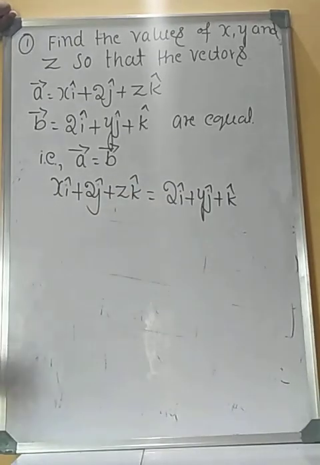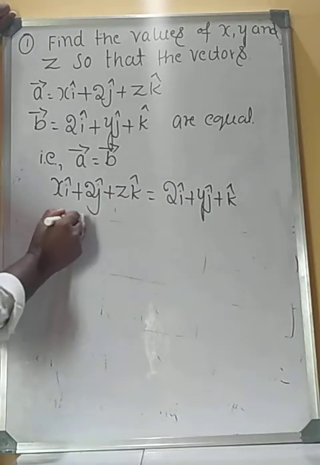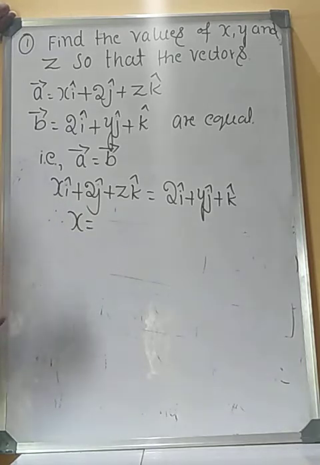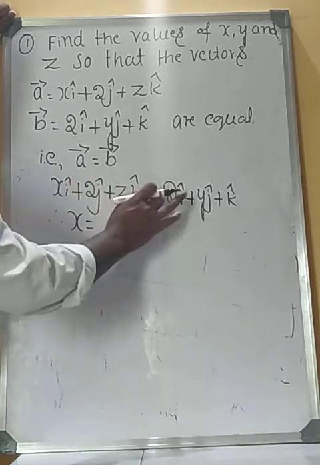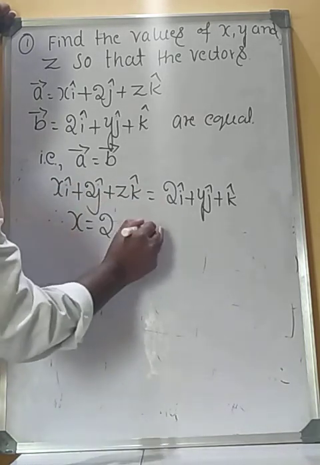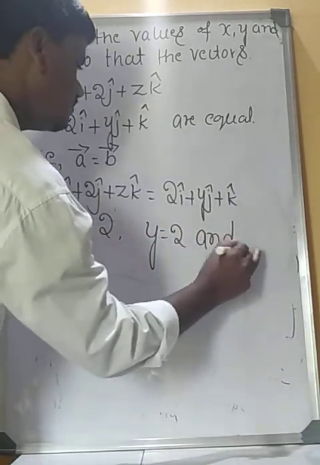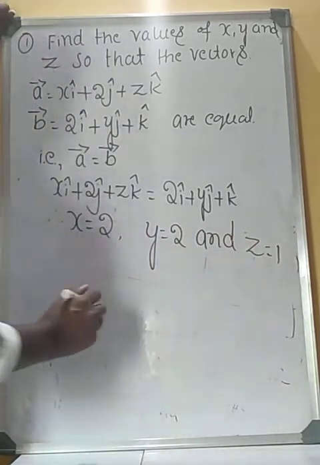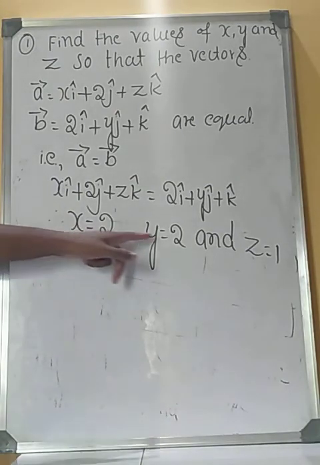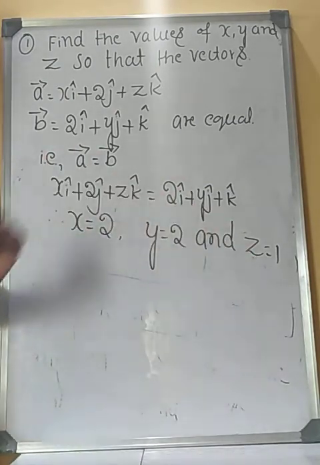So the corresponding coefficients give x is 2, y is 2 and z is 1.